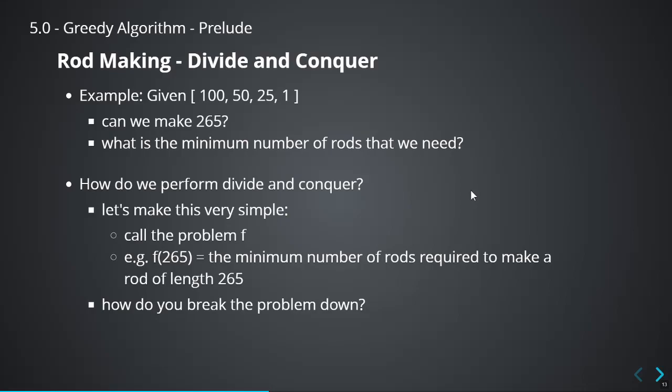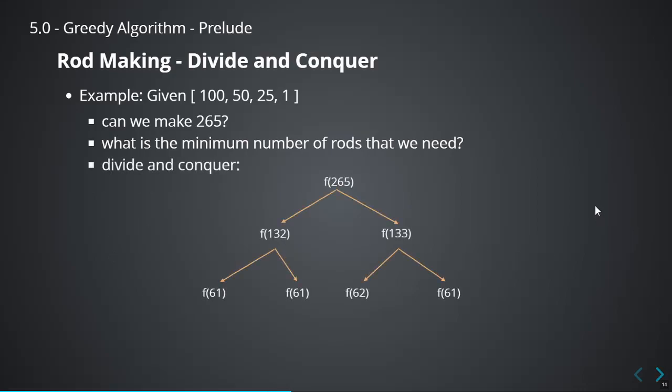Question 1. How do you break down the problem into subproblems? So you have F(265) at the start. Are you going to do it like this? If I have to make a rod of length 265, I'm going to ask, can I make a rod of length 132 and a rod of length 133? A bit like boundary search, like divide and conquer.